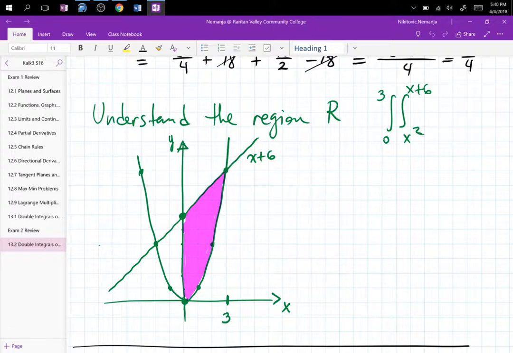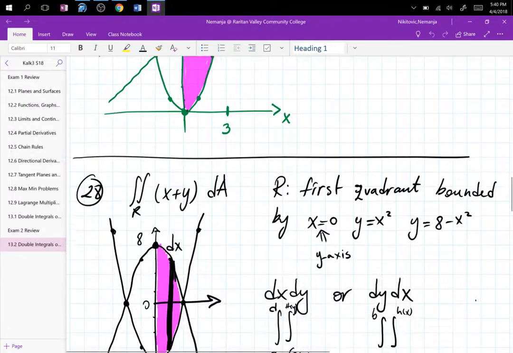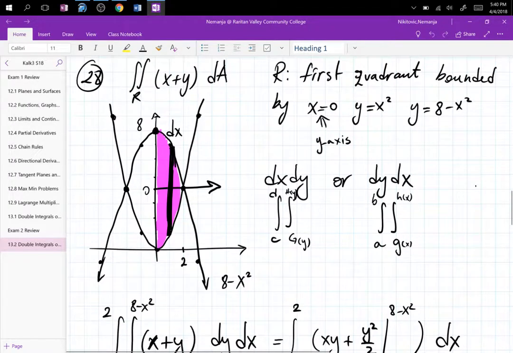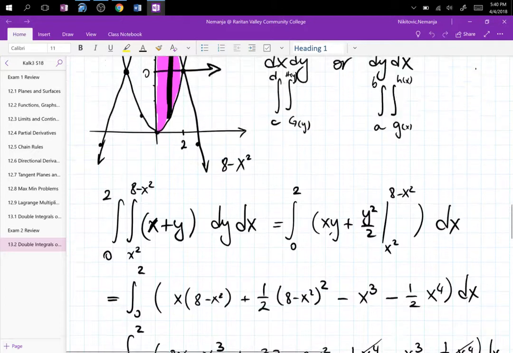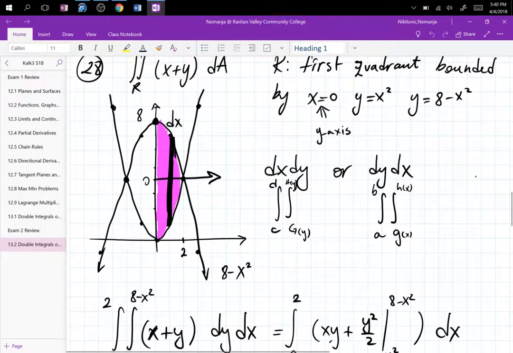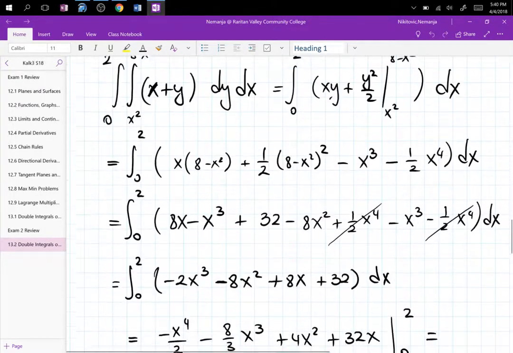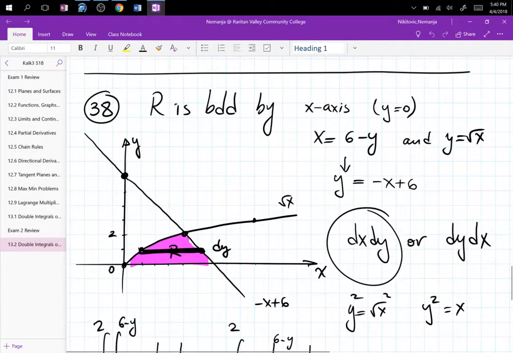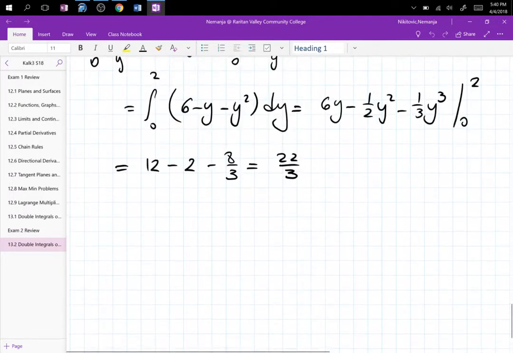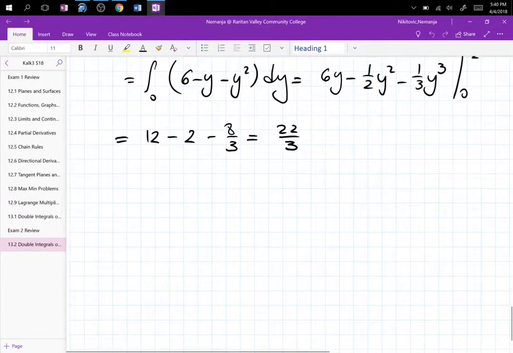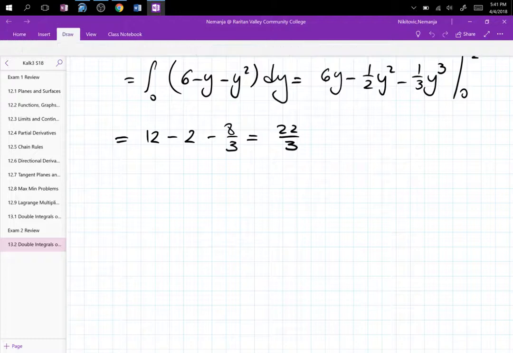And then to see if you can revert it back to have the other. So we'll take a look at those problems. This was another example where we decided whether we're going to use dx dy or dy dx. And another example with the same decision. Now let's take a look at a few more examples that will further look into these things.